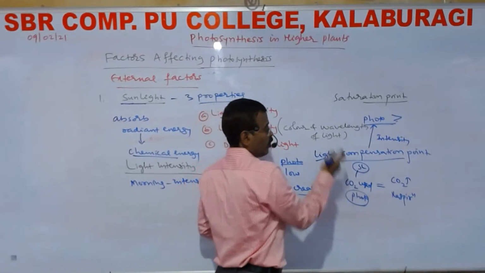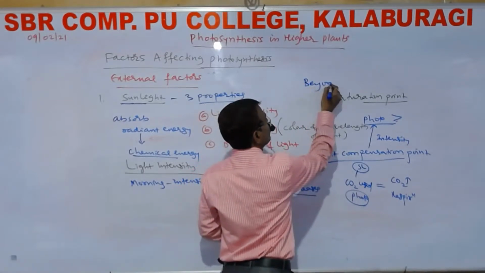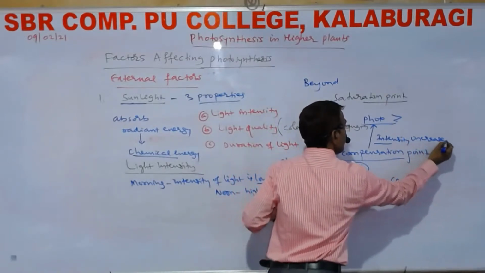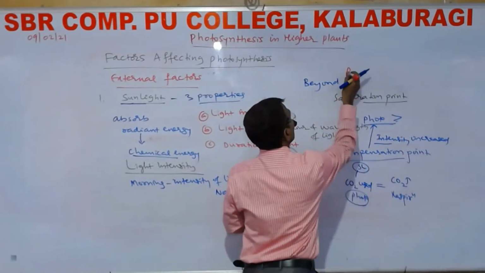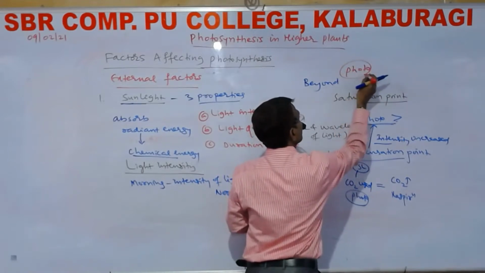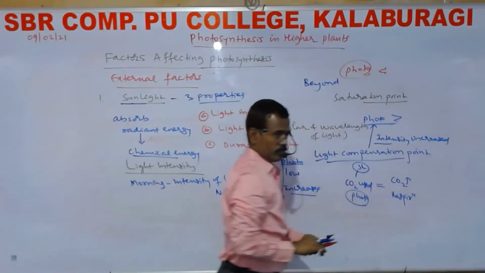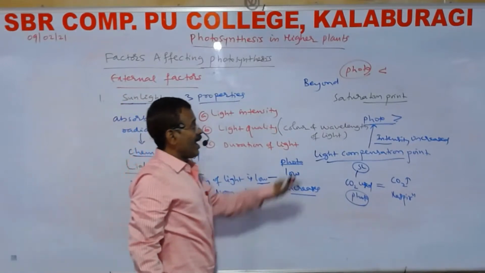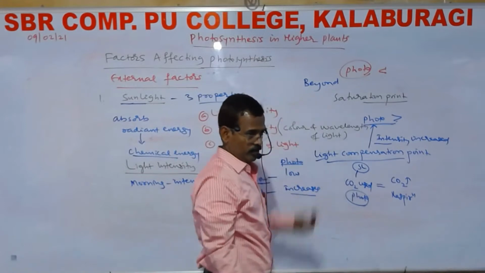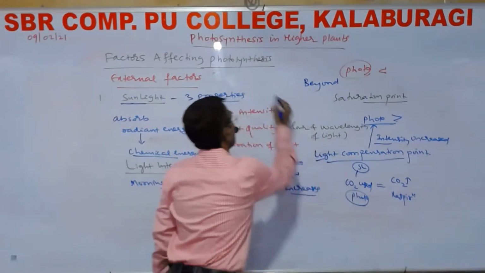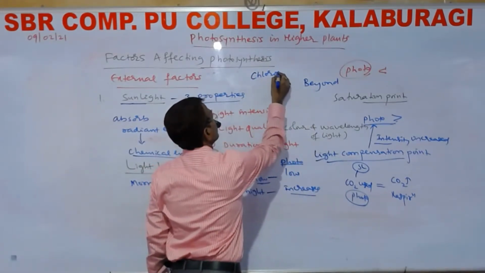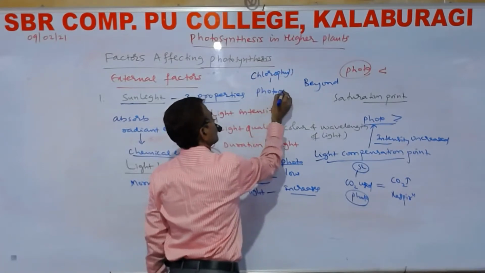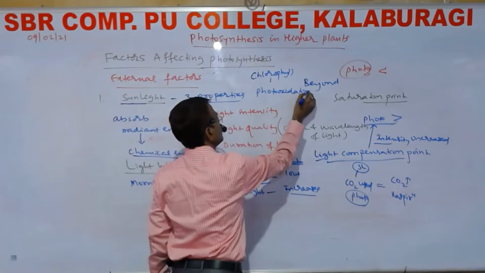Beyond the saturation point, if intensity is increased, the photosynthetic rate will decrease.